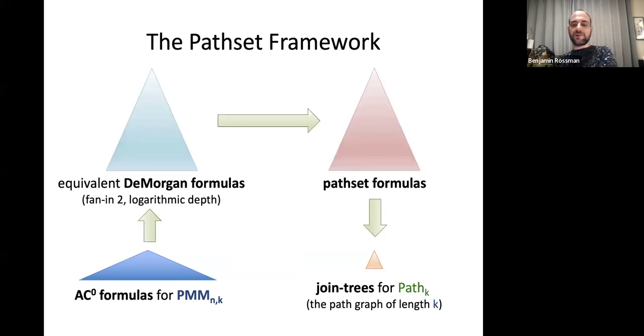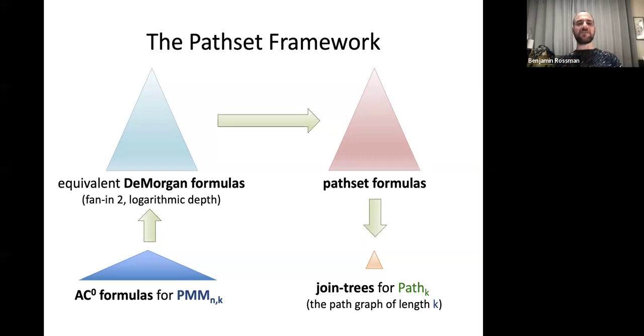And this goes through the following steps. First, we take our AC0 formula and convert it to a De Morgan formula with fan-in 2 and logarithmic depth, but which still has the property that each node in this De Morgan formula is an AC0 function. So in particular it has low sensitivity, which lets us use the switching lemma and things like that.